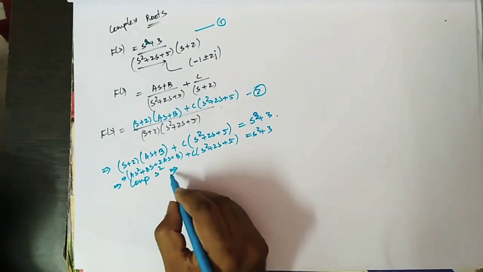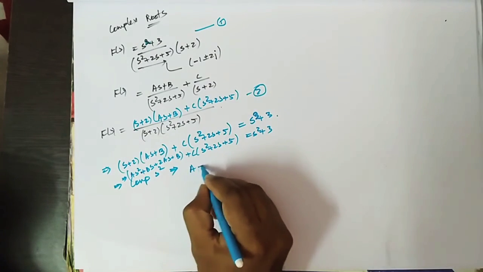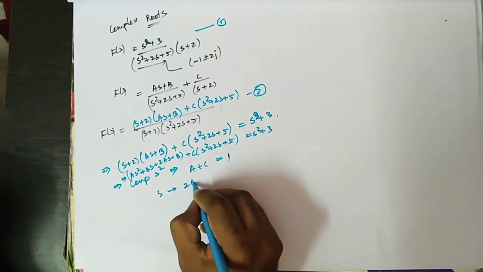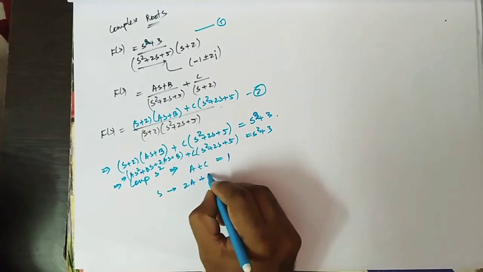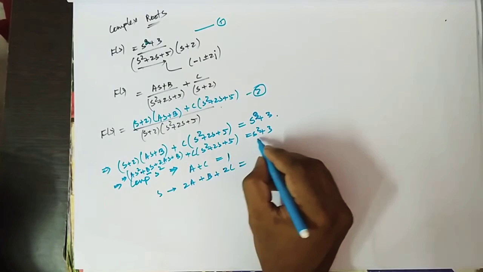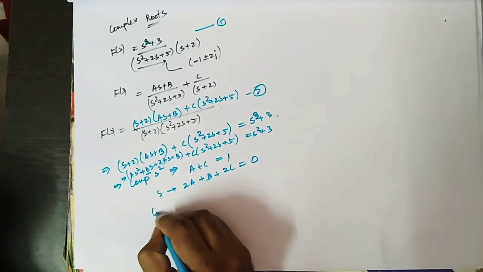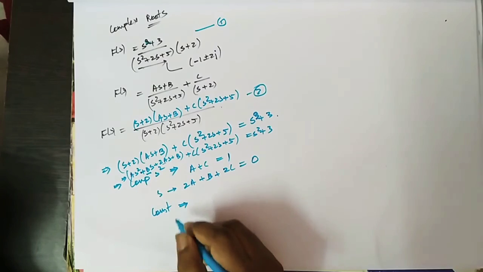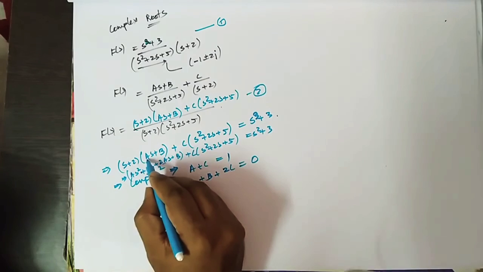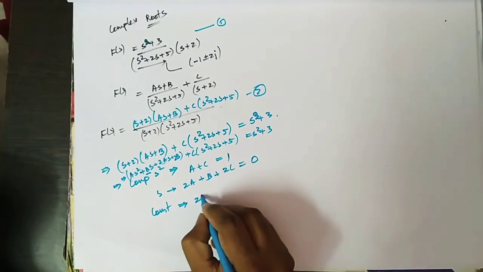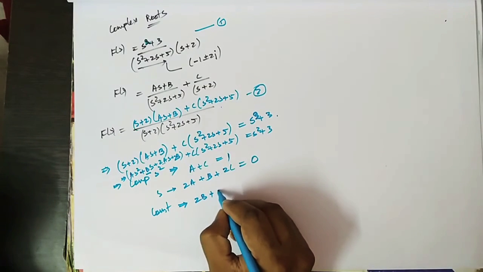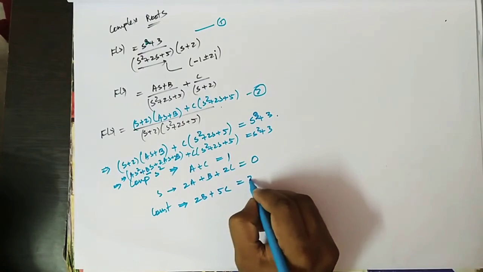So comparing the s squared components, you have a plus c equal to 1. For the s components, 2a plus b plus 2c equal to 0, as there is no s component on the right side. Now comparing the constants, 2b plus 5c equal to 3.